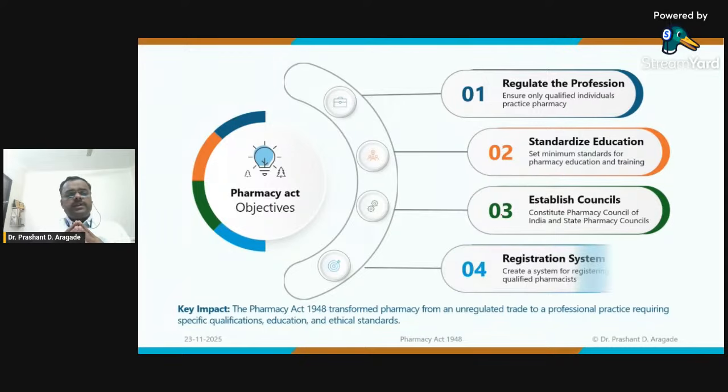And then the fourth objective of the Pharmacy Act was a registration system, that is, it created the system for registering qualified pharmacists. So these are some of the objectives of the Pharmacy Act.